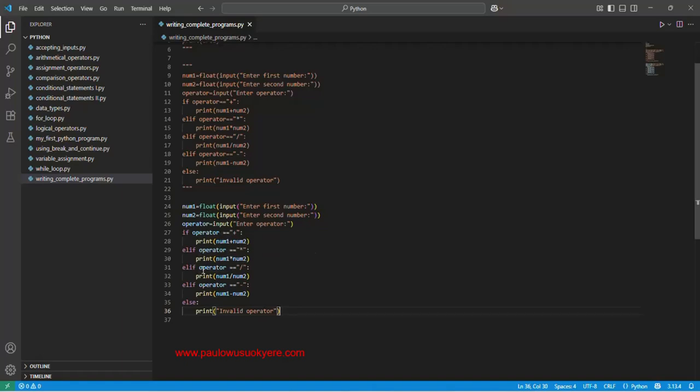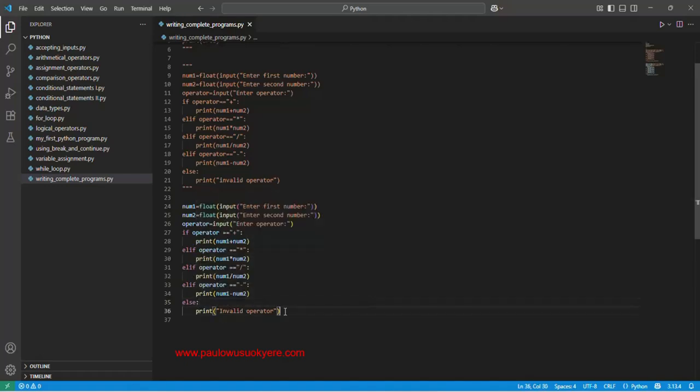Elif operator is division, it will divide num1 by num2. Elif operator is subtraction, it will subtract num2 from num1. If the operator is not any of the four operators, it should display a message that invalid operator.